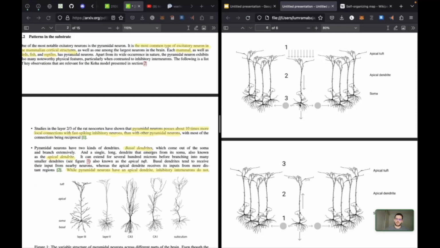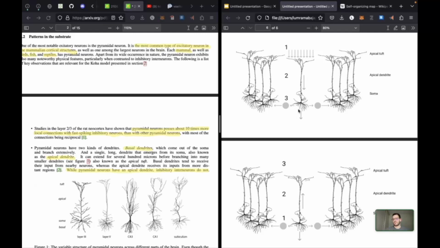Axons can actually get quite long, well, quite long in terms of a cell level. I would have to look up the exact size in microns, but axons can reach distant regions as well. The apical dendrite can also reach distant regions, whereas the basal dendrites mainly form local connections.